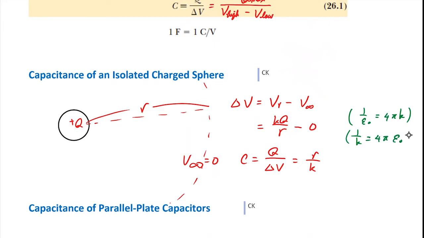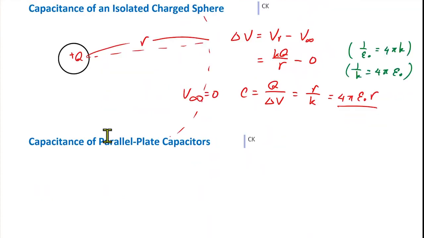Depending on how you want to leave your answer, this is just fine, but in case it's multiple choice, this is 4 pi epsilon 0 times R. We'll calculate this a different way later, so keep this answer in mind. Now, this is just to demonstrate it's possible with only one conductor.